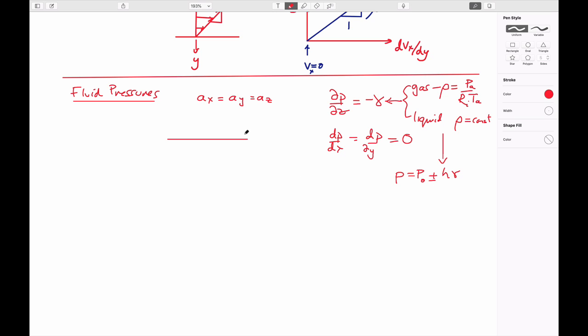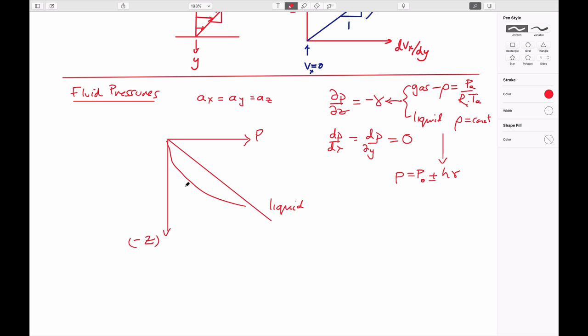That really just relates to the fact that if we take a fluid and look at the pressure change as a function of elevation, this is negative z in our convention, then for a liquid we'd expect it to behave like this. And for a gas, we'd expect it to behave in a curved way, not constant.